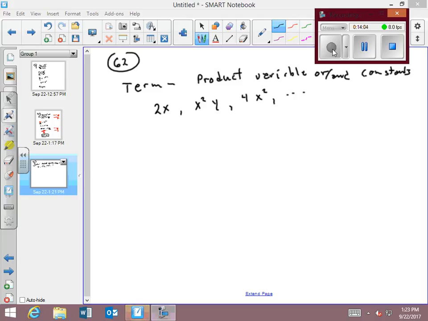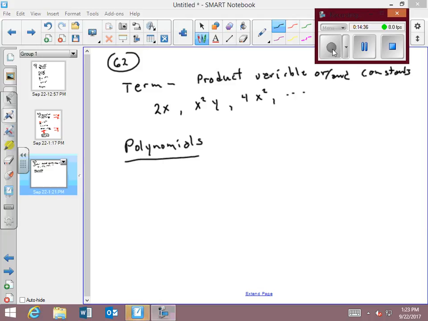Now, what we're going to talk about is polynomials. Polynomials is what we're going to be dealing with pretty much in this chapter and the next. Polynomials have this nice feature that all polynomials are functions.